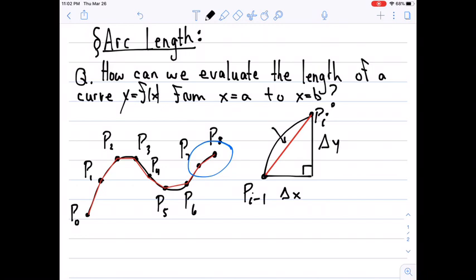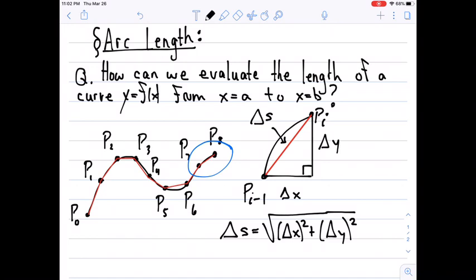If I take a look here at the hypotenuse, let's call that delta s, then we can say delta s is going to be the square root of delta x squared plus delta y squared.